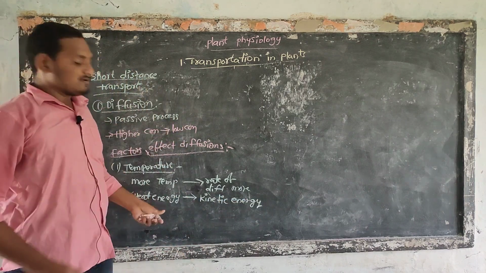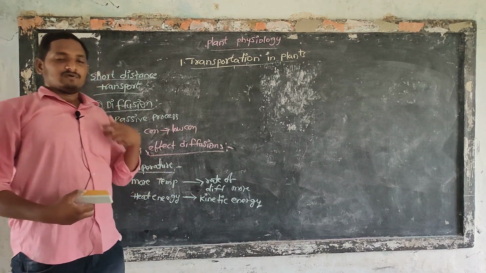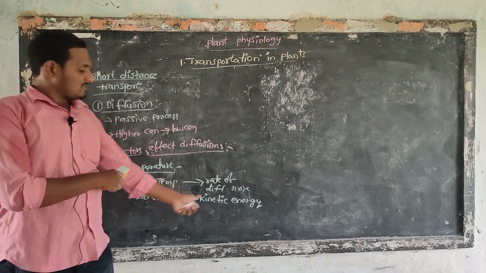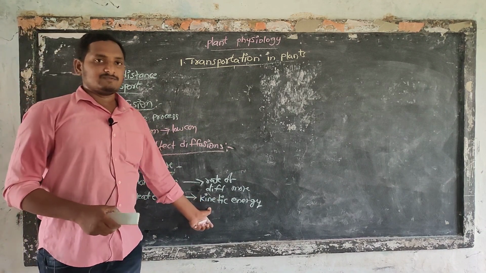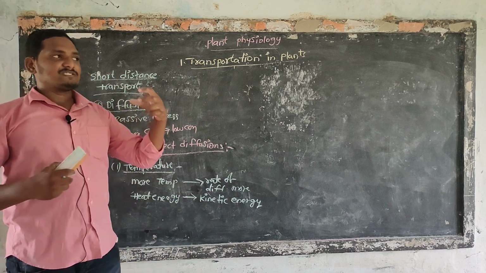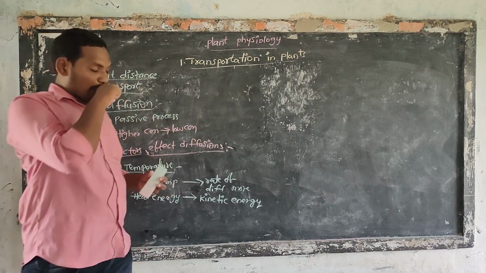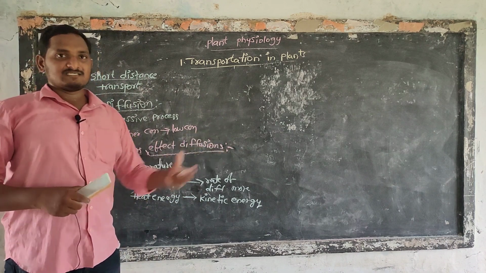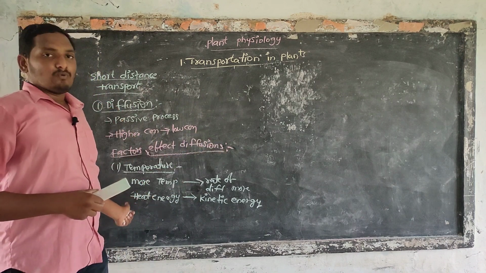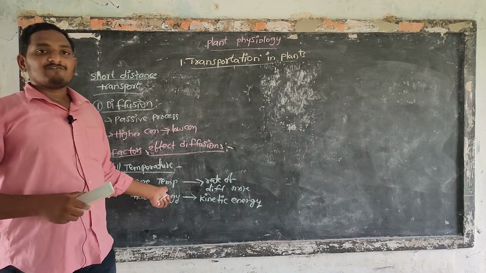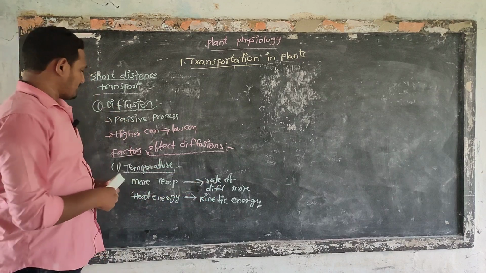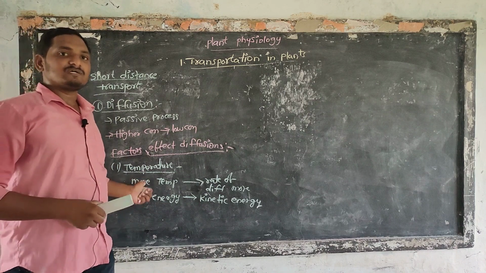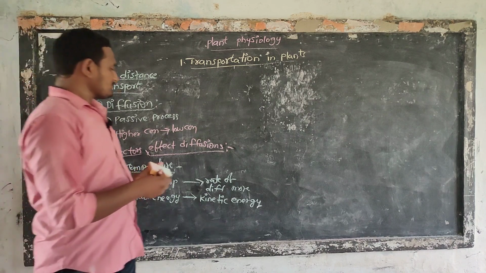When we are cooking the food, it is heated up, so the heat energy is converted into kinetic energy. That's why the smell reaches a greater distance. When kept in the refrigerator, the smell does not reach a greater distance. With more temperature, the rate of diffusion is also more.